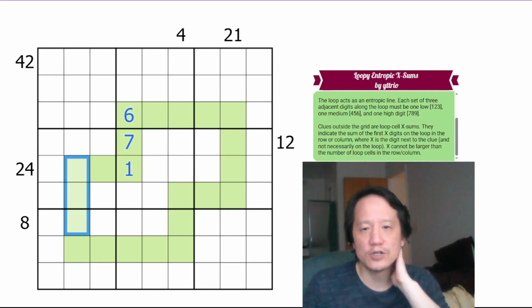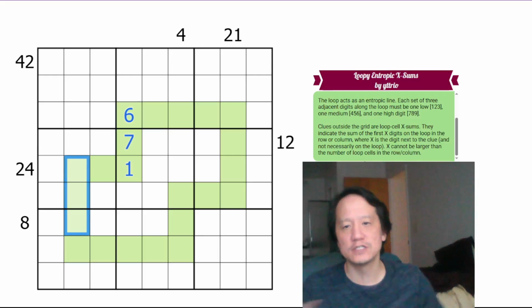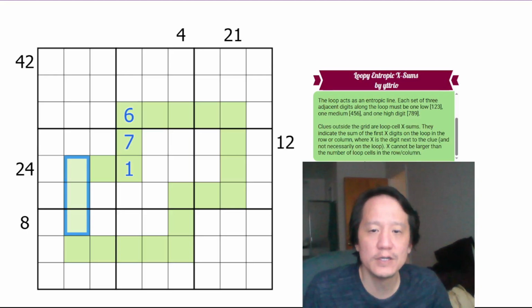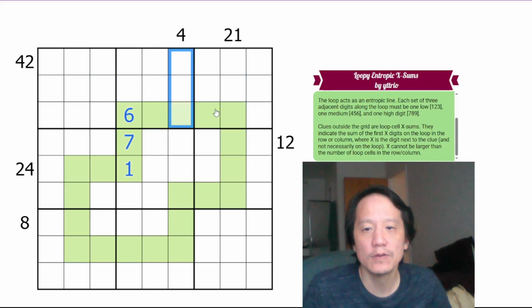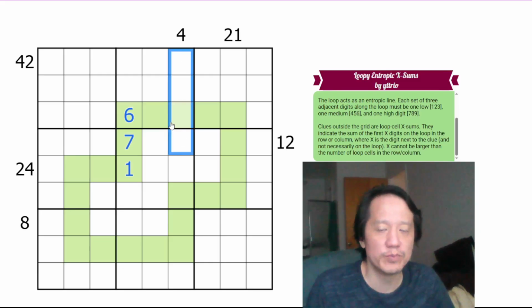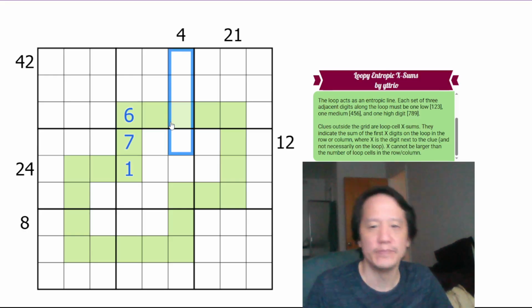Clues outside the grid are loop cell X-sums, and they indicate the sum of the first X digits on the loop in that row or column, where X is the digit next to the clue and not necessarily on the loop. X cannot be larger than the number of loop cells in the row or column.